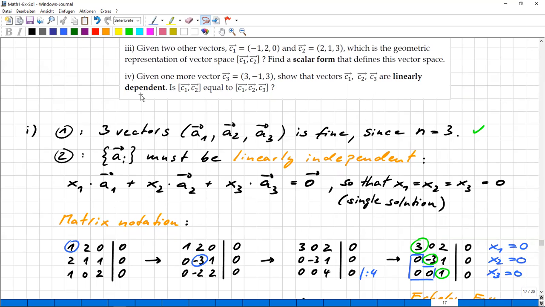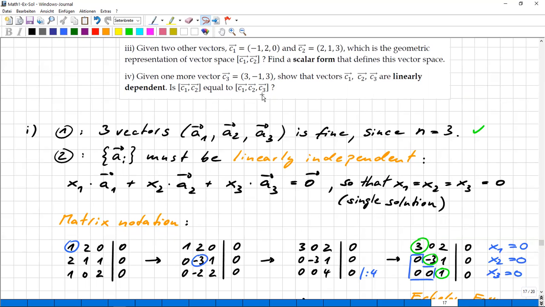That's one thing. And then the question is whether the subspace of C1, C2, this set of linear combinations, is equal to the subspace of C1, C2, C3.